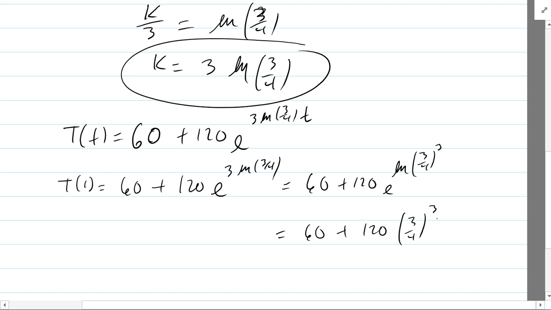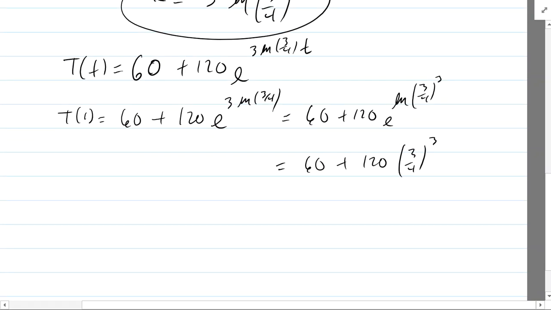Isn't that fun? It is. It's kind of cool. And I can simplify it more, but that's for another day. All right. That wasn't too bad, right? And if you had a calculator, would you round to 3 decimals?